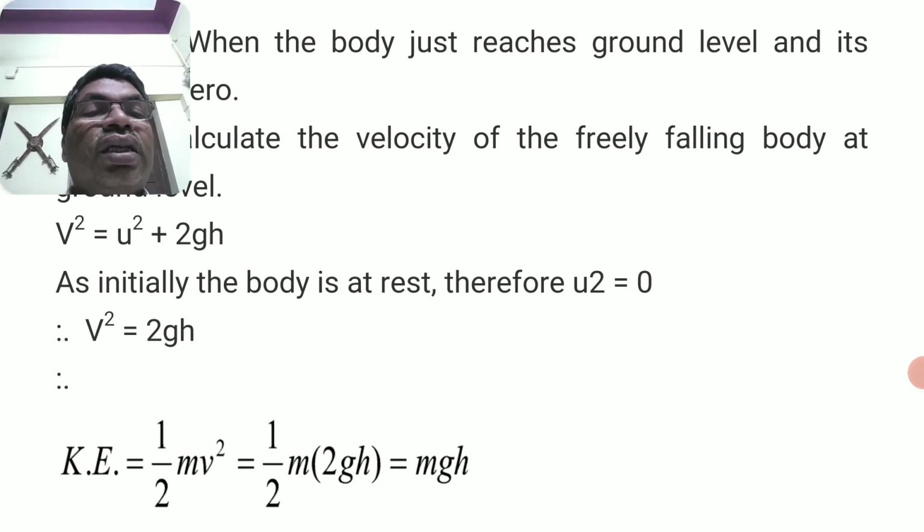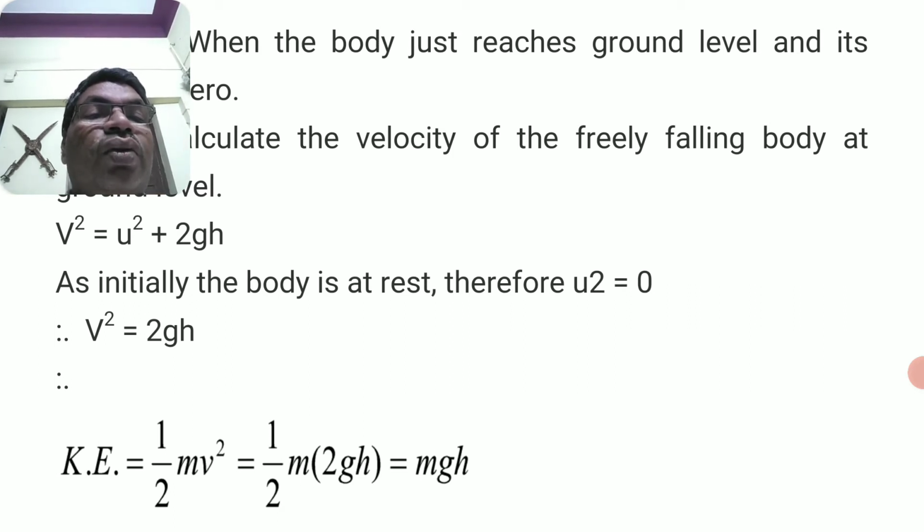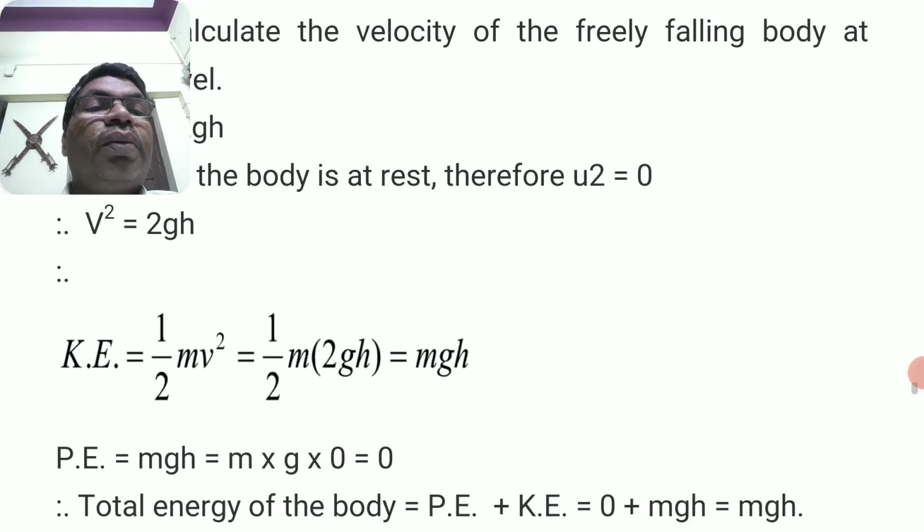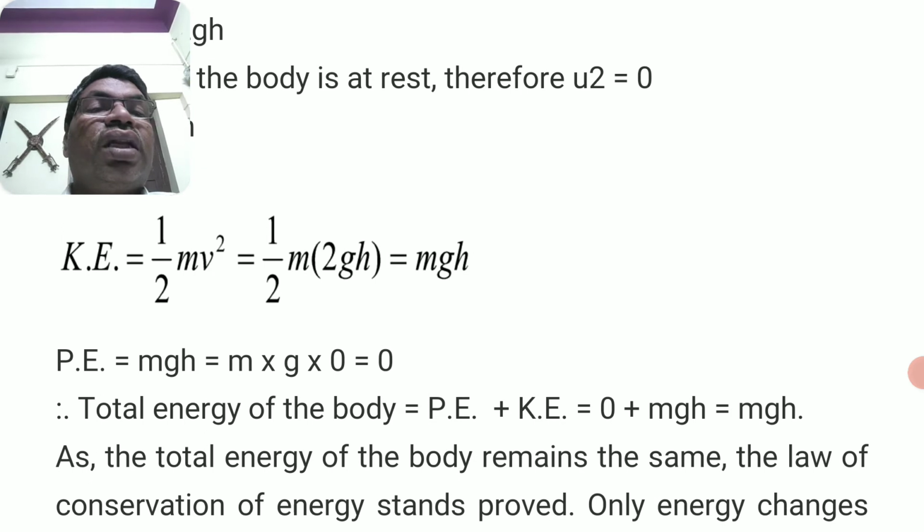So kinetic energy is half mv square, that is half m into v square, and v square is nothing but 2gh. We write 2gh, and it is equal to mgh. So kinetic energy becomes mgh. Potential energy mgh is equal to m into g into 0, that is 0.